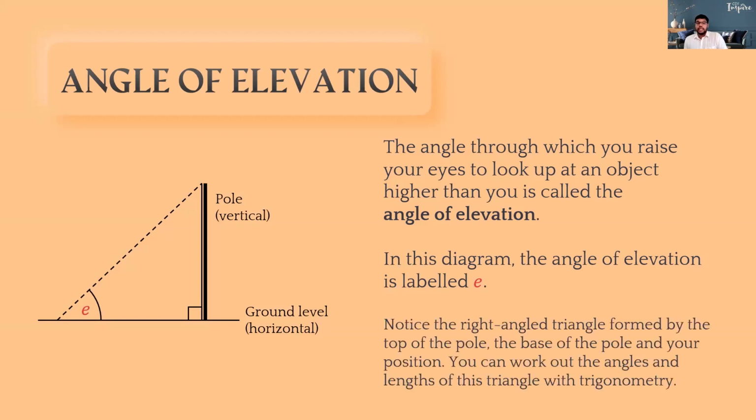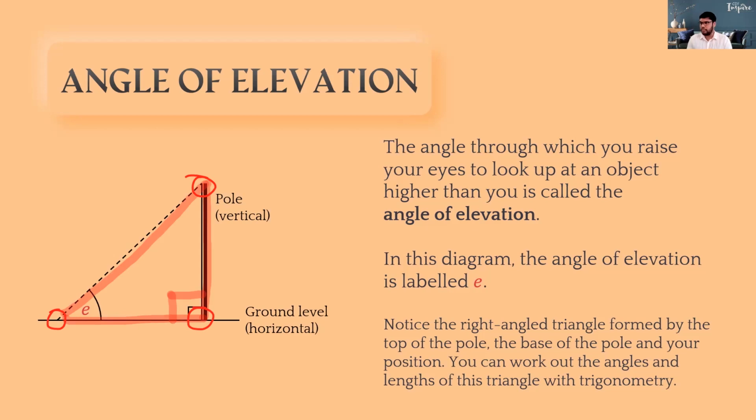If you look closely, you can see there is a right angle triangle formed by the top of the pole, the base of the pole and your position. You can use trigonometry to work out the lengths and the angles in this triangle. Got it, children?